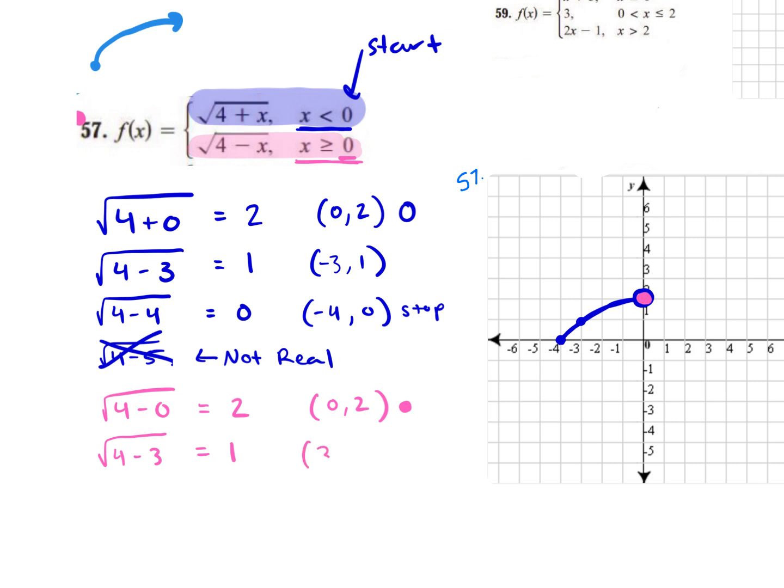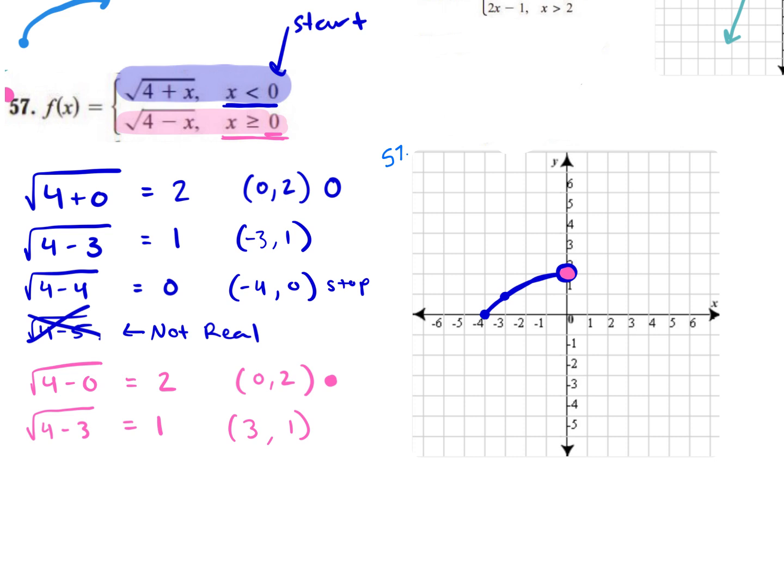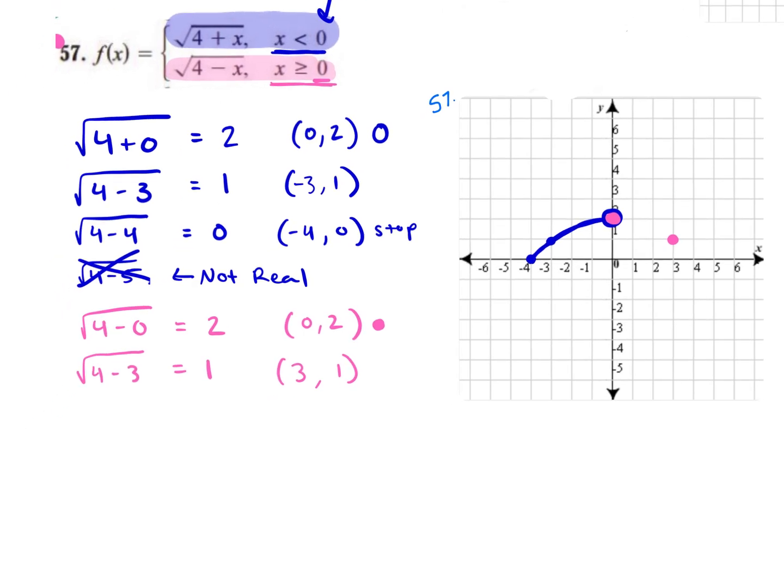So we plugged in 3 and got 1. So we're going to go the right 3 and up 1. What can we plug in next? Let's plug in 4. 4 minus 4 would be 0. Square root of 0 is 0. So we plugged in 4 and got 0. So I'm going to go to the right 4, stay at 0.